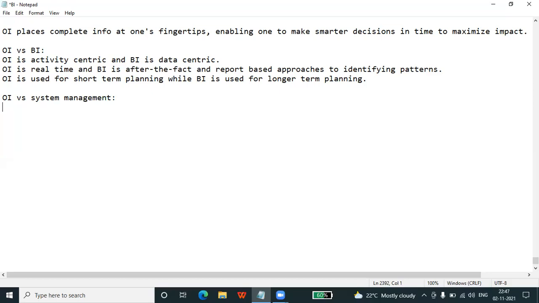So system management refers to the availability and capability monitoring of IT infrastructure. Availability monitoring refers to monitoring the status of IT infrastructure components such as servers, routers, networks, etc. This usually entails pinging or polling the component and waiting to receive a response.